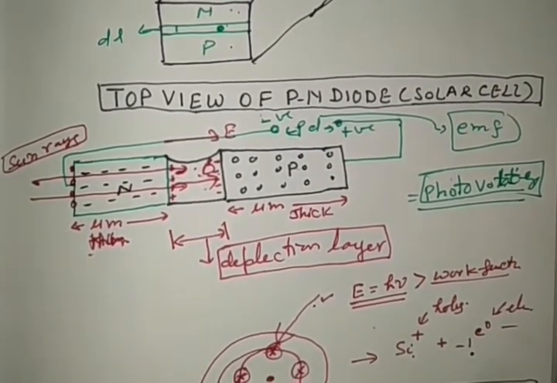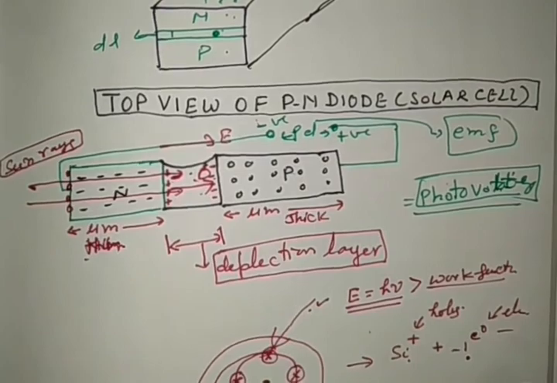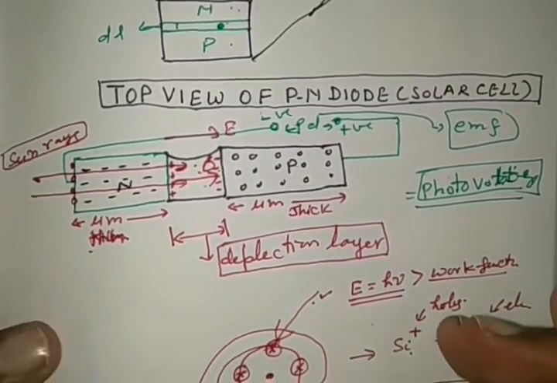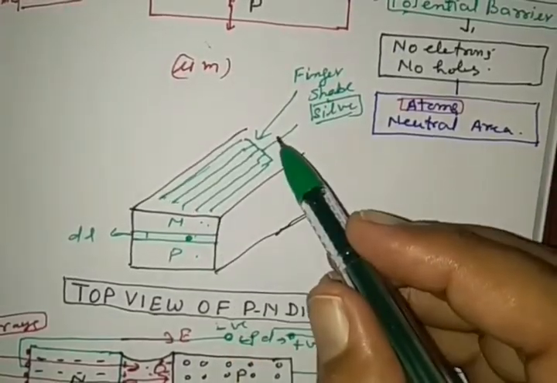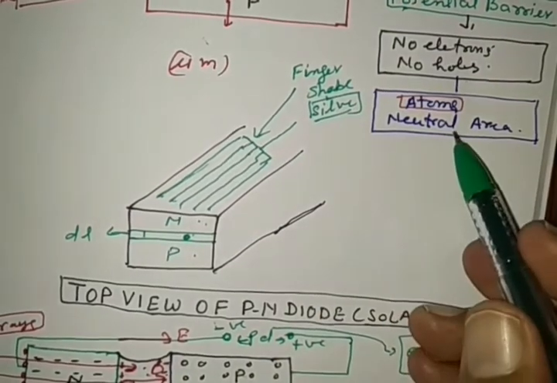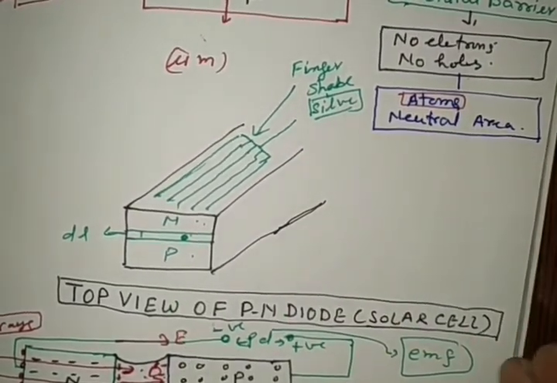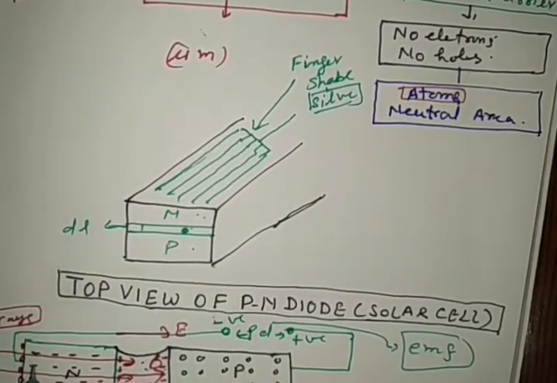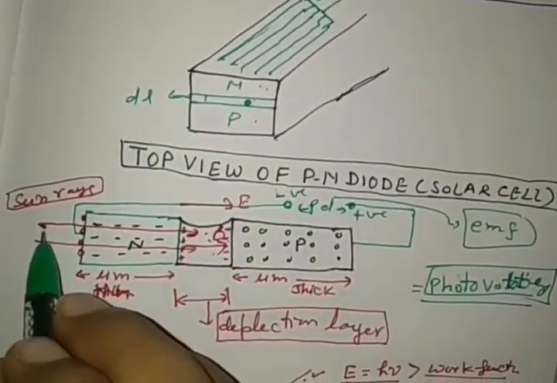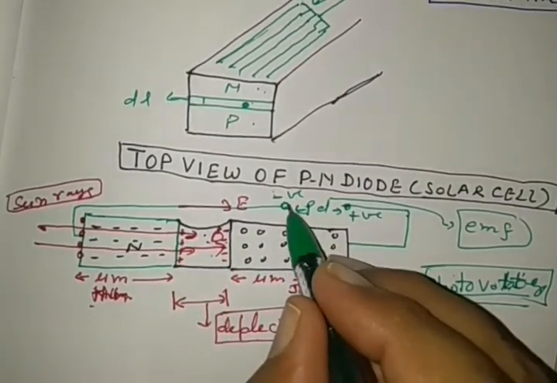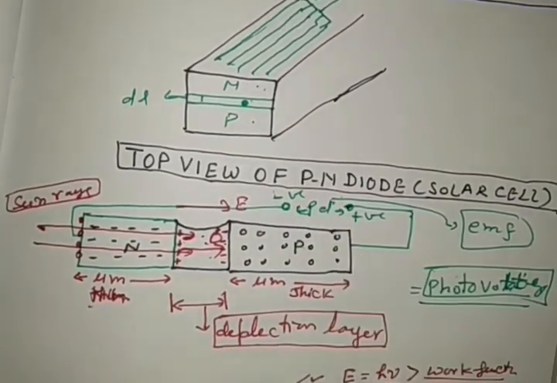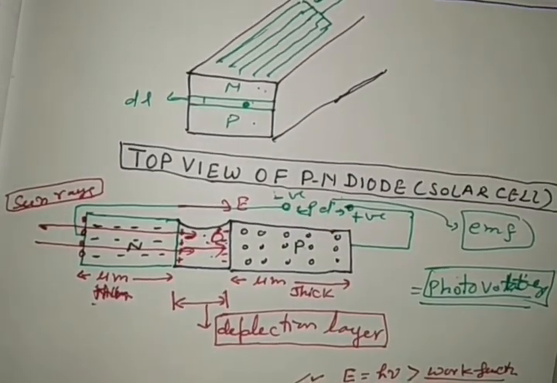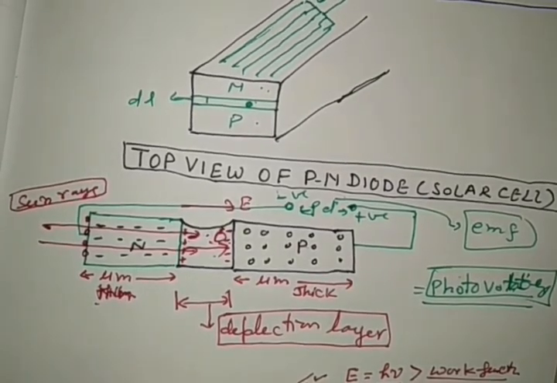So this is the array of PN junction diodes over the solar panel, where these fingers are separated and all negatives are connected at one terminal, and the positives are connected at the second terminal, and this is the conversion of light energy into electrical energy between the terminals. So this is for today. Thank you and have a nice day.